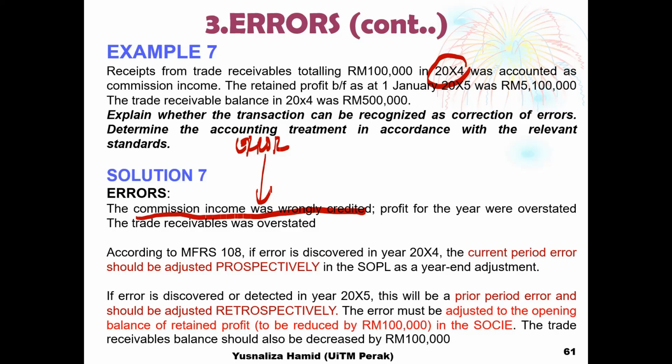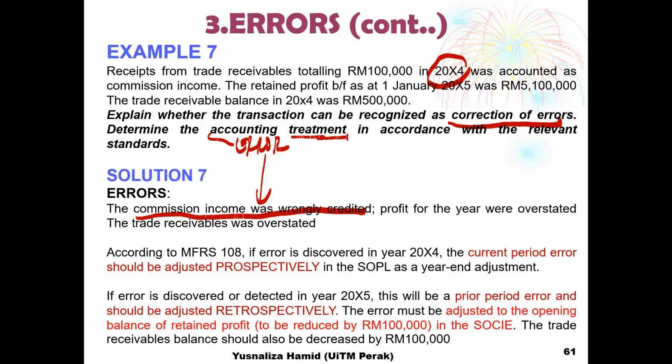Let's look at the explanation of whether the transaction can be recognized as a correction of errors. You are asked to determine the accounting treatment. Remember, it has to be adjusted retrospectively unless it is not practicable. So what was the error?